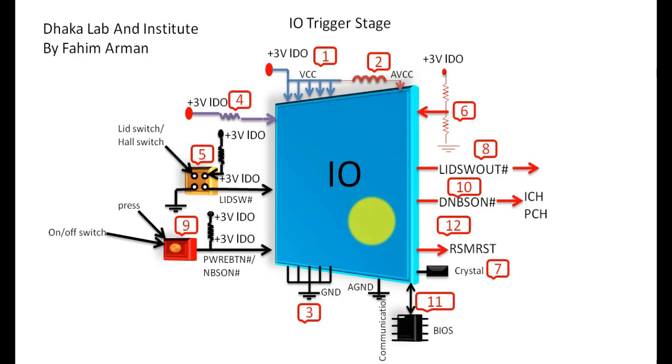That is very important, and it is the last step of the IO triggering. So this is the IO triggering stage, and this stage is very important for everyone who is interested in laptop repairing.